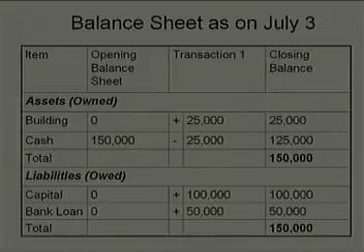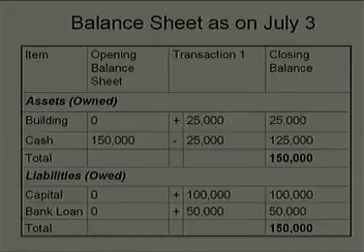Now, look at the asset side. In addition to cash, we have one more type of asset here, which is building. The opening balance as far as the building asset was concerned was 0. And now, from 0 its value has increased to 25,000.